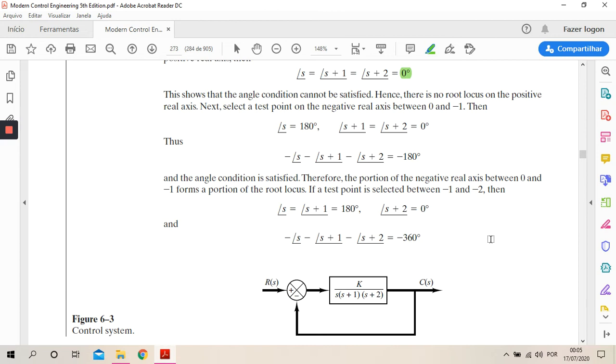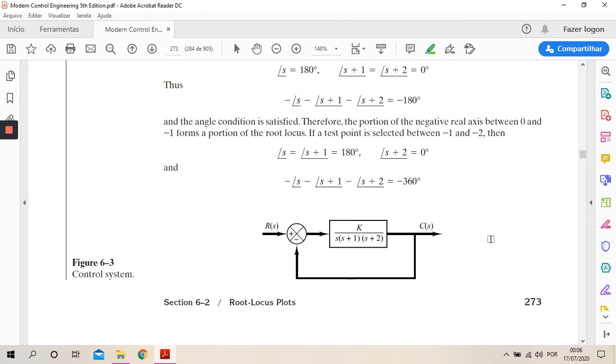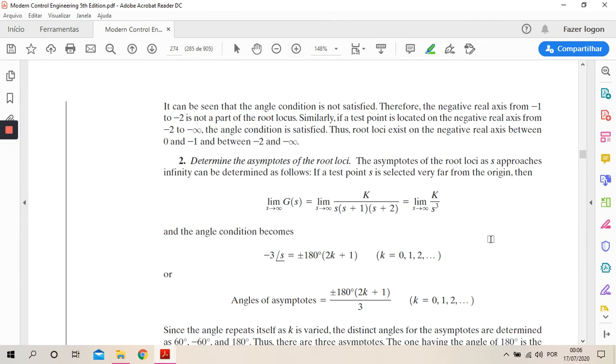And the angle condition, one more time, is not satisfied. Therefore, the negative real axis from negative 1 to negative 2 is not a part of the root locus.